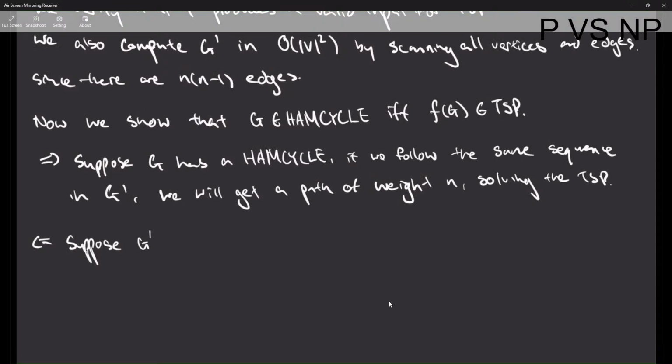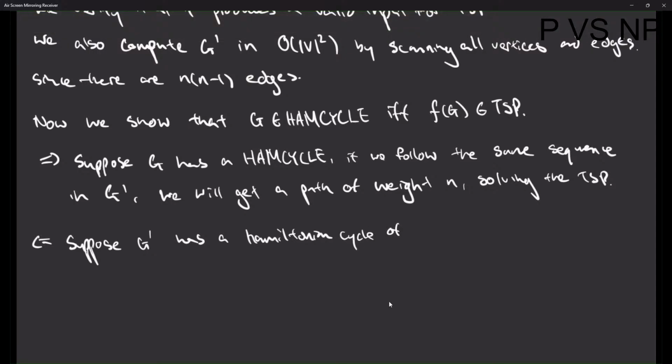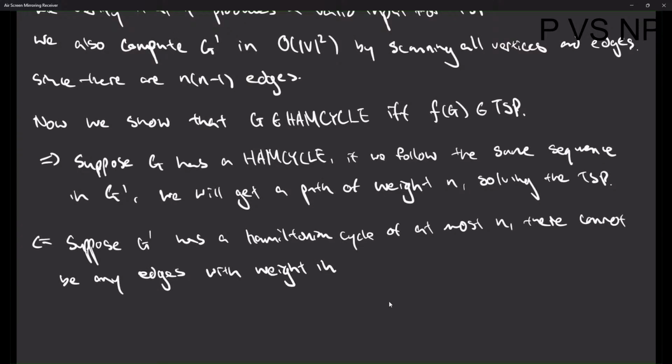Suppose G prime has a Hamiltonian cycle of weight at most n. There cannot be any edges with weight infinity.